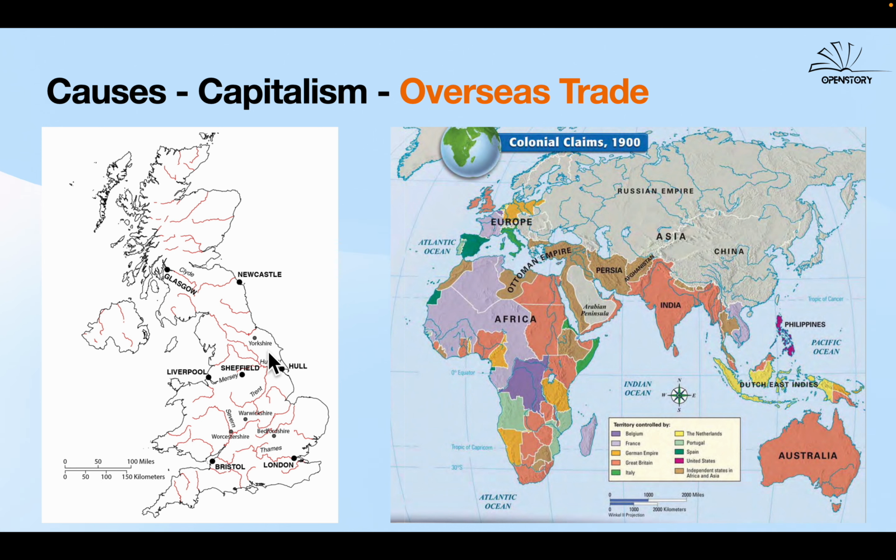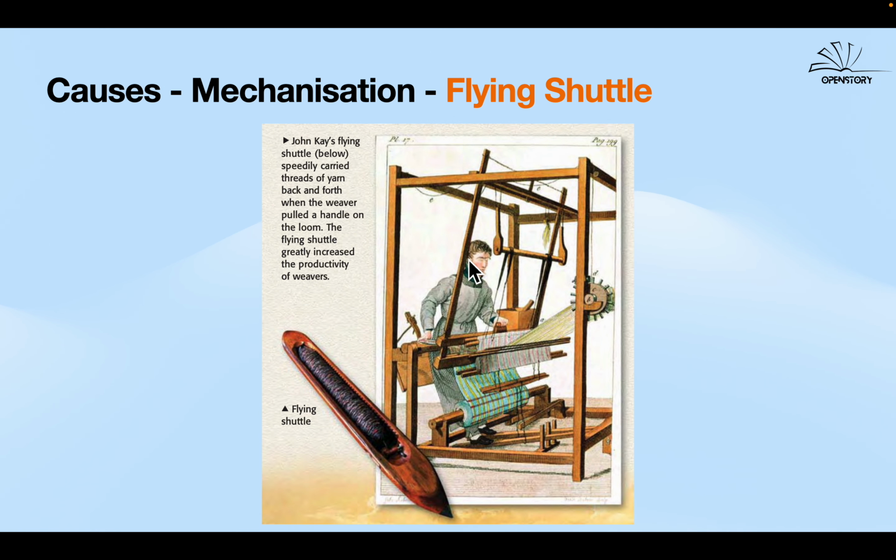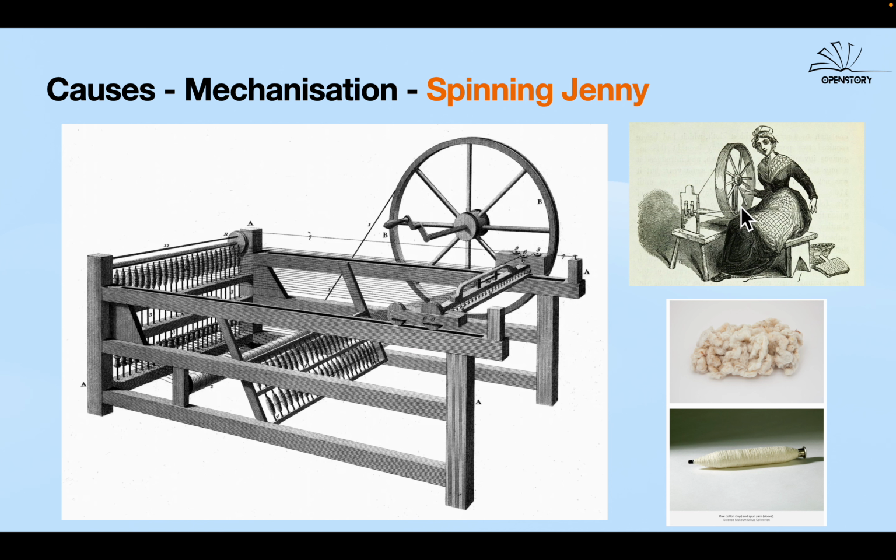Now, the other big mechanization story was textiles. Think of it as a chain reaction of inventions. Step 1, the flying shuttle. Suddenly, weaving sped up and became more consistent. Great news, until factories hit a new bottleneck. Not enough yarn. Step 2, the spinning jenny.